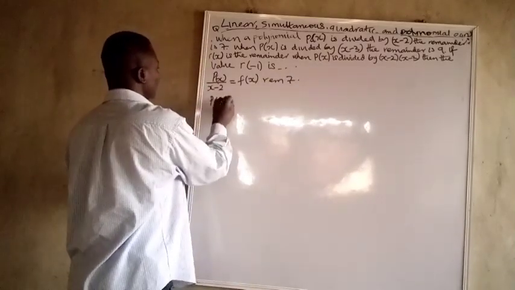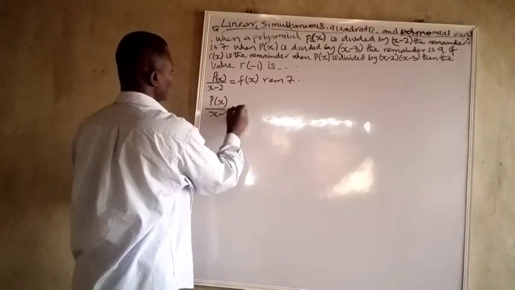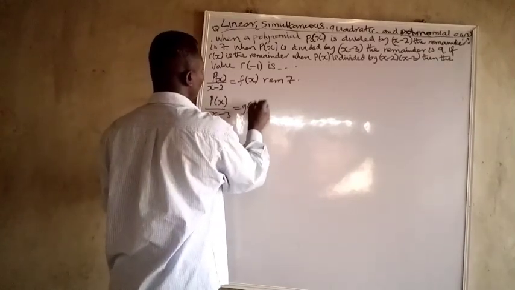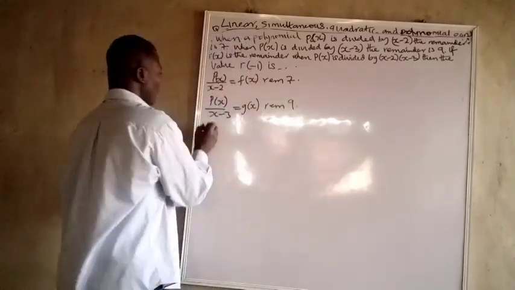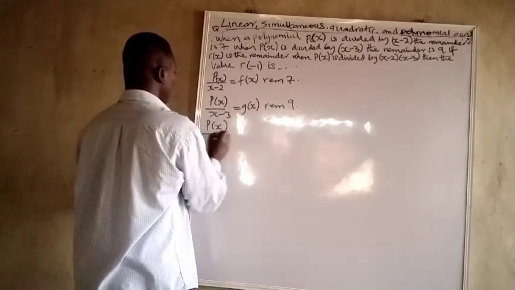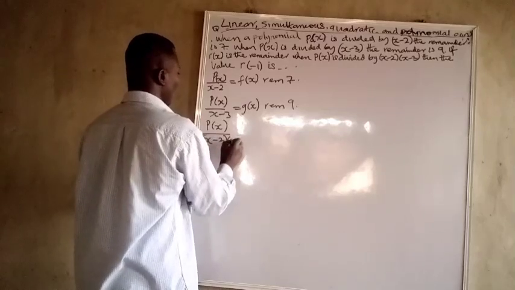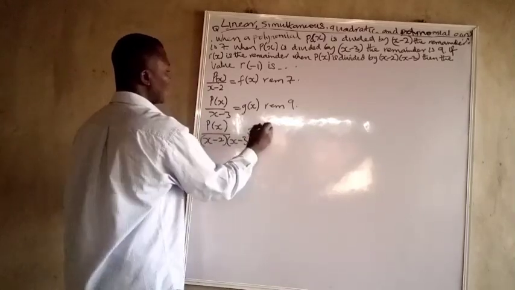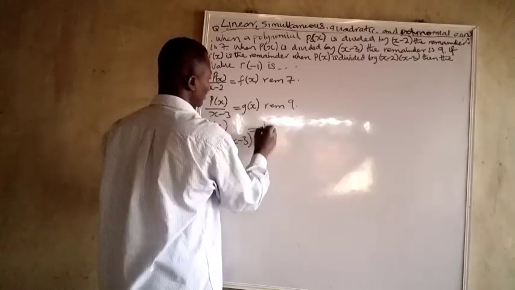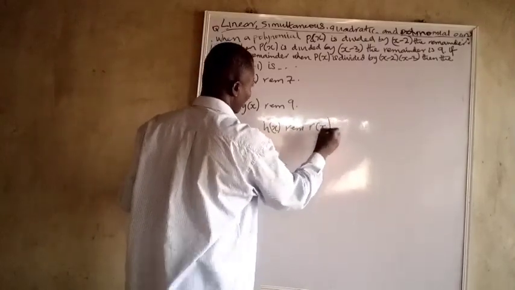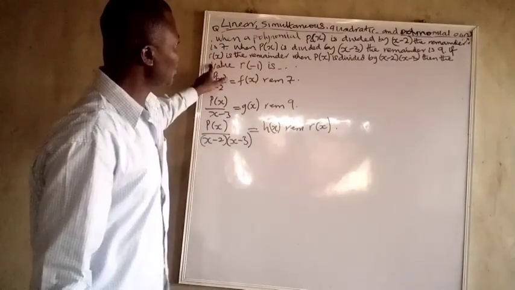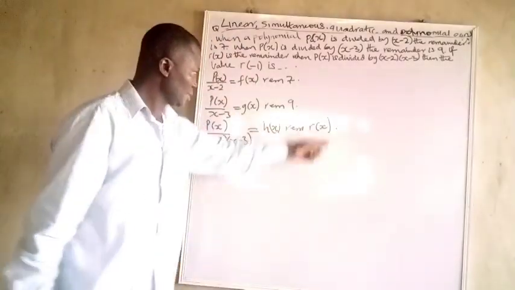When px is divided by x minus 3, we have gx, remainder 9. Now, when px is divided by x minus 2, x minus 3, we have hx, remainder rx.